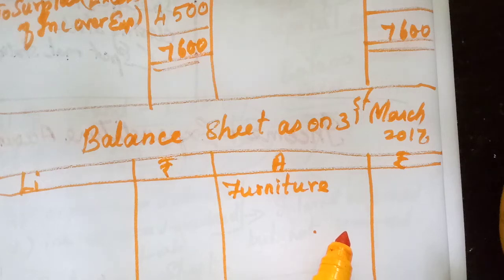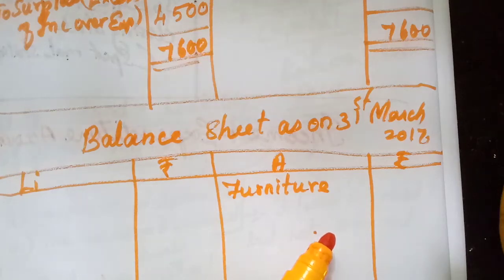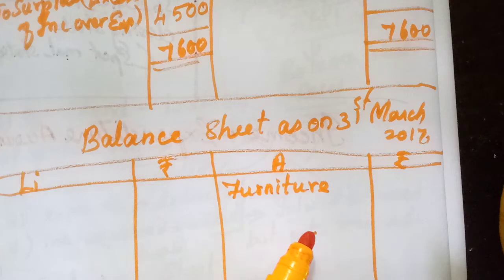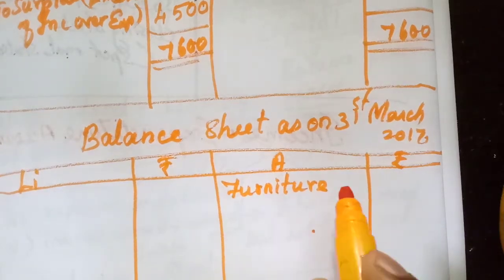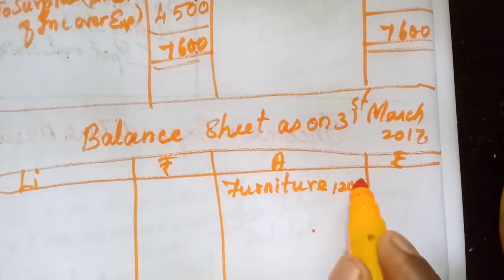One adjustment is given there, isn't it? The club had furniture of 12,000 on 1st April. Ignore depreciation. Here in the receipts, furniture means we have purchased. So in the beginning, how much they had? 12,000. You write in the inner column.